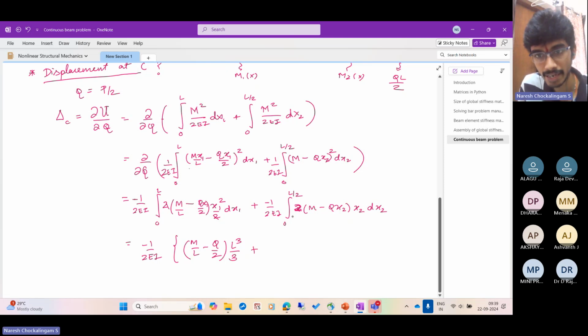Plus here we can do it. So the first term gives 2m L square by 2, so these two get cancelled. Plus 2q x square, so it is 2q L cube by 3.